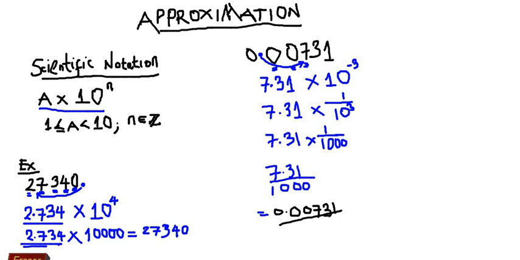So when we write this number in standard form, it is still the same, but we have changed the notation of how to write it. It now becomes 0.00731 on reversal. So the notation 7.31 times 10 power negative 3 is just a way of expressing the number in scientific notation.